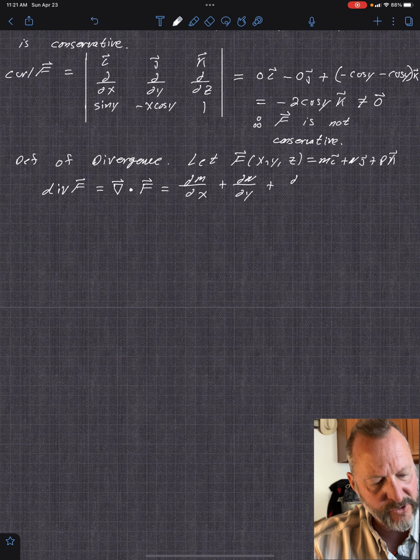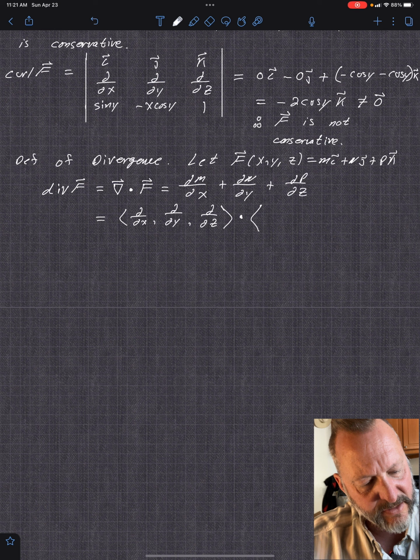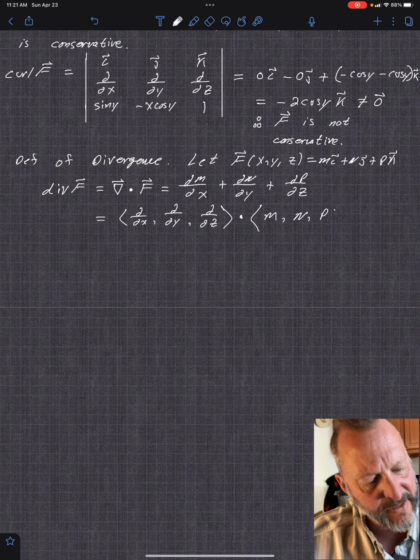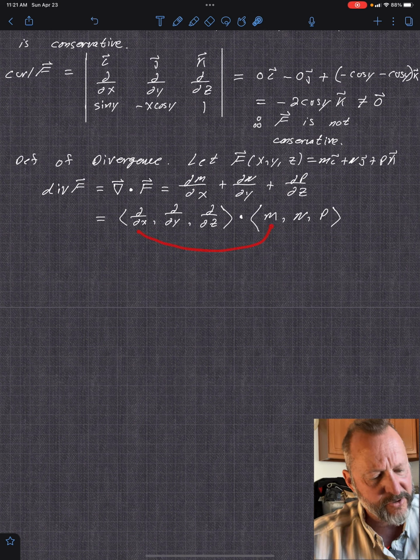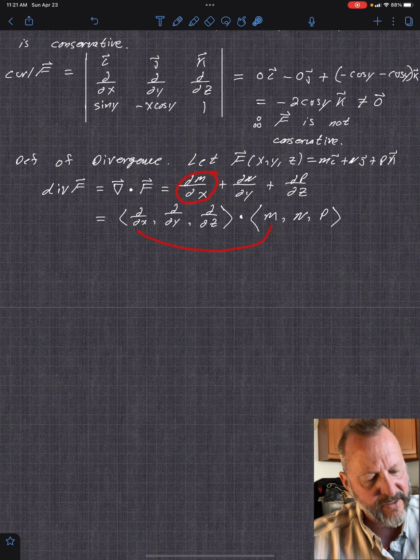So if you did this dot product, I guess I'll just show you. You would have partial with respect to x, partial with respect to y, partial with respect to z, dot, and then that is just M, N, and P. And then if you do the dot product, you do that partial, and then you add.